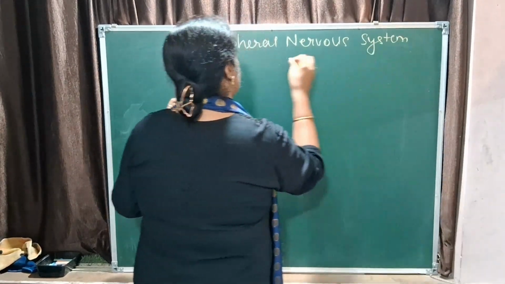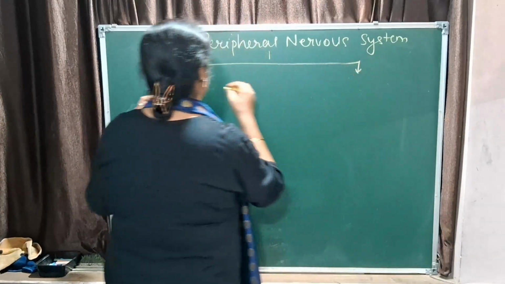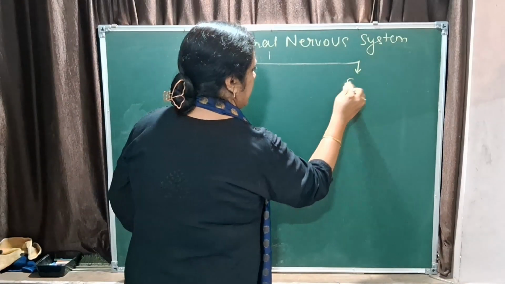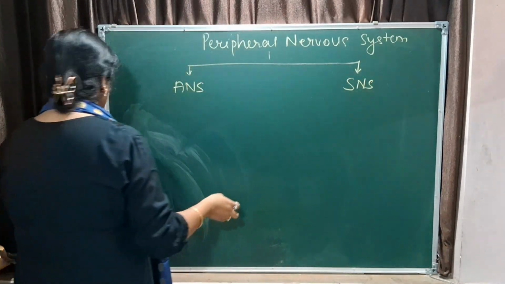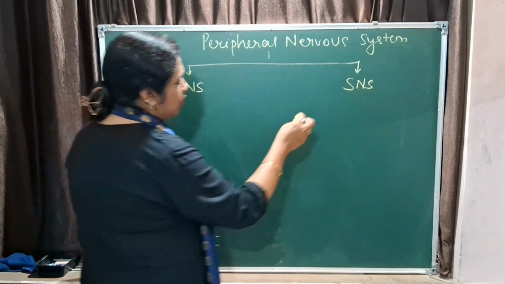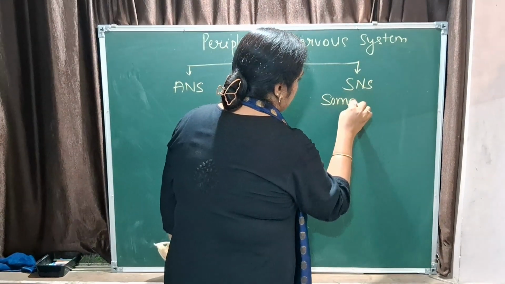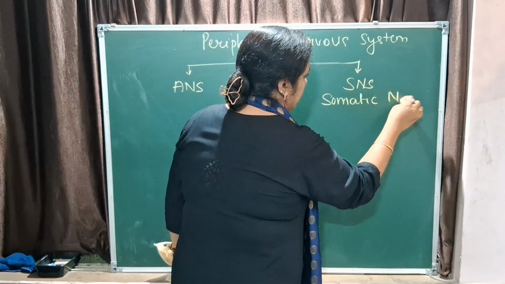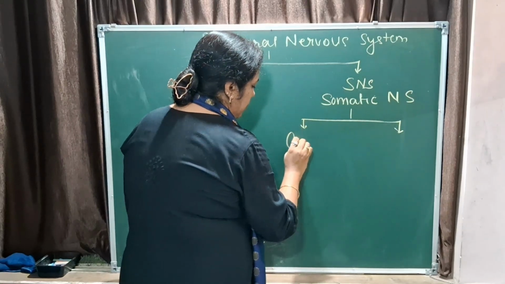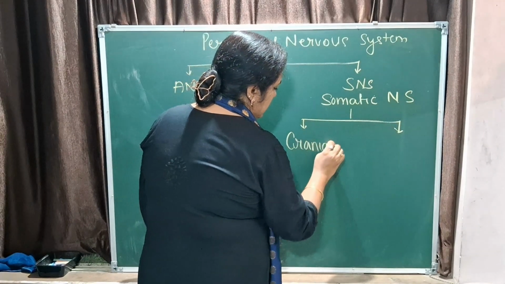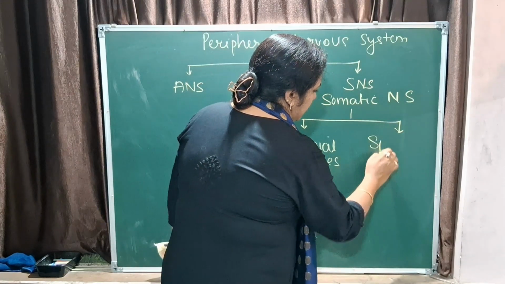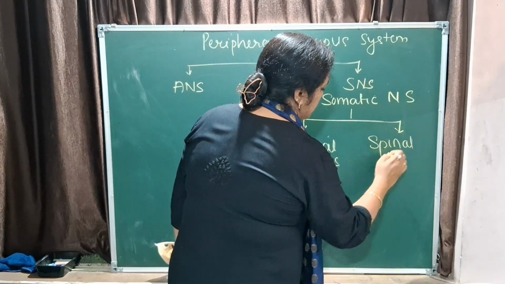Peripheral nervous system has got two components. You have ANS and you have SNS. SNS is your somatic nervous system. I am not writing nervous system, you know that NS is nervous system. It comprises two components. You have cranial nerves which arise from your brain and your spinal nerves which arise from your spinal cord.